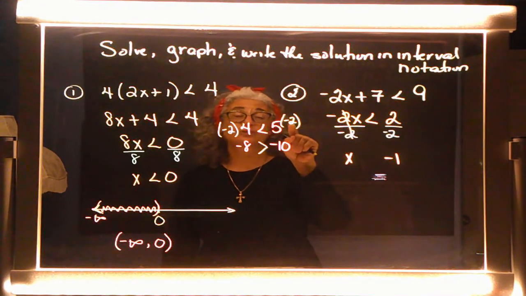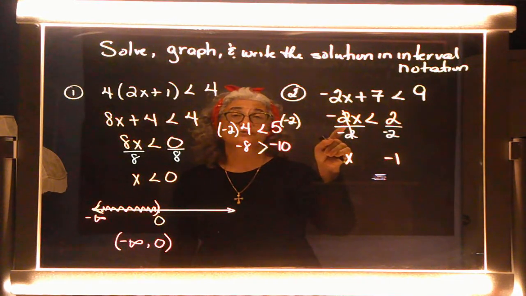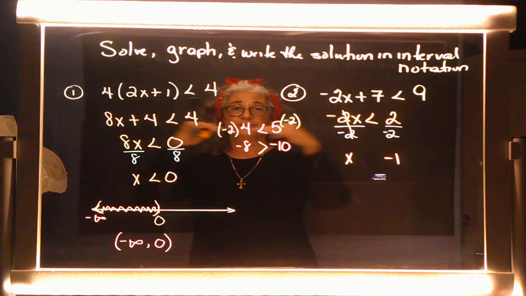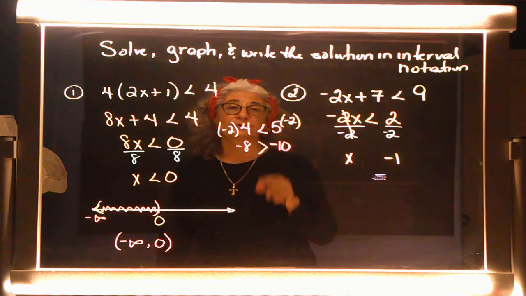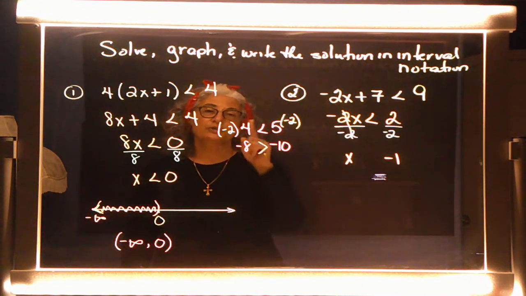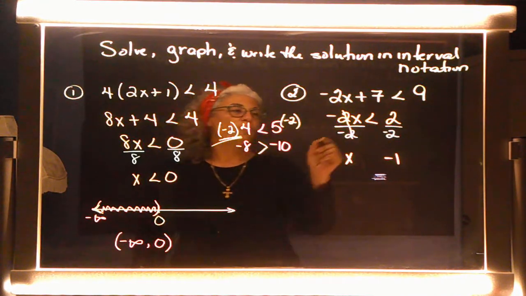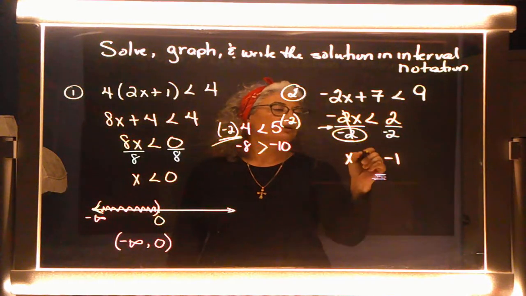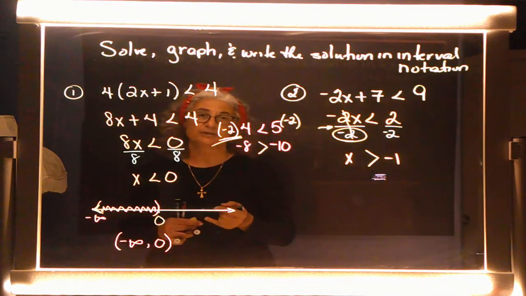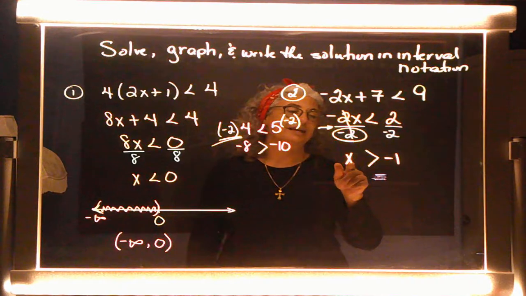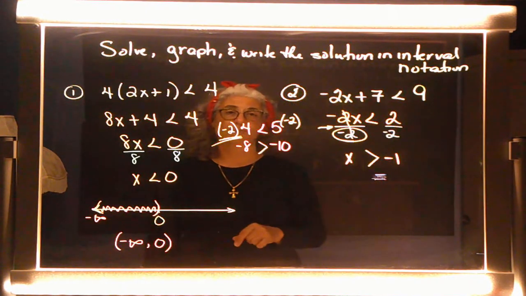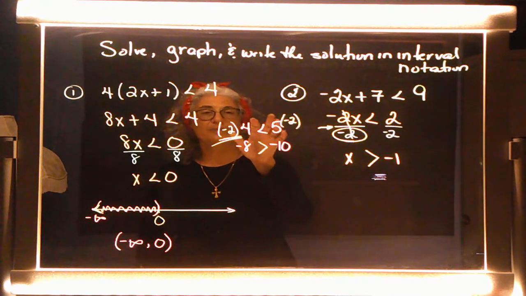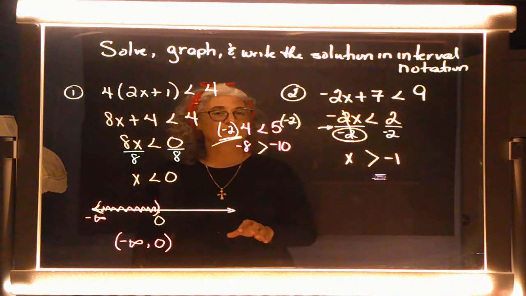So what happens for multiplication will always happen for division also, because multiplication and division are on that same playing field when you're talking about the order of operations. So when I multiply or divide by a negative number, my inequality sign is going to flip on me. So in this case, x has to be greater than negative 1. Got it? This example shows you why the inequality sign flips.